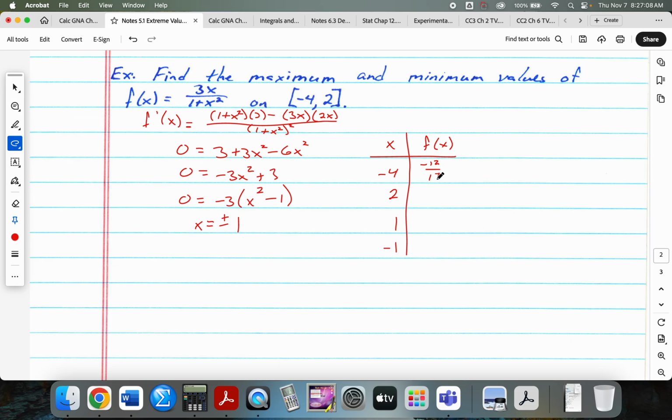At 2, that'll be 6 over 5. At 1, it'll be 3 over 2. And at negative 1, it'll be negative 3 over 2.